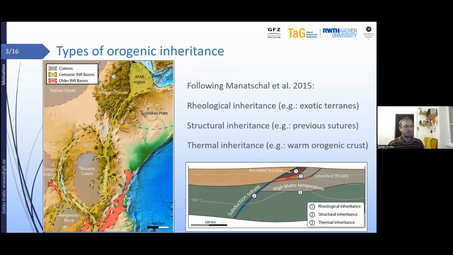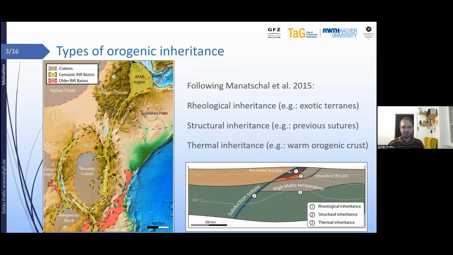For structural inheritance, we can look at shear zones themselves, so basically structures that are there. Here an example comes from the Chisi shear zone, I hope I pronounced that properly, from the Ubendian belt.